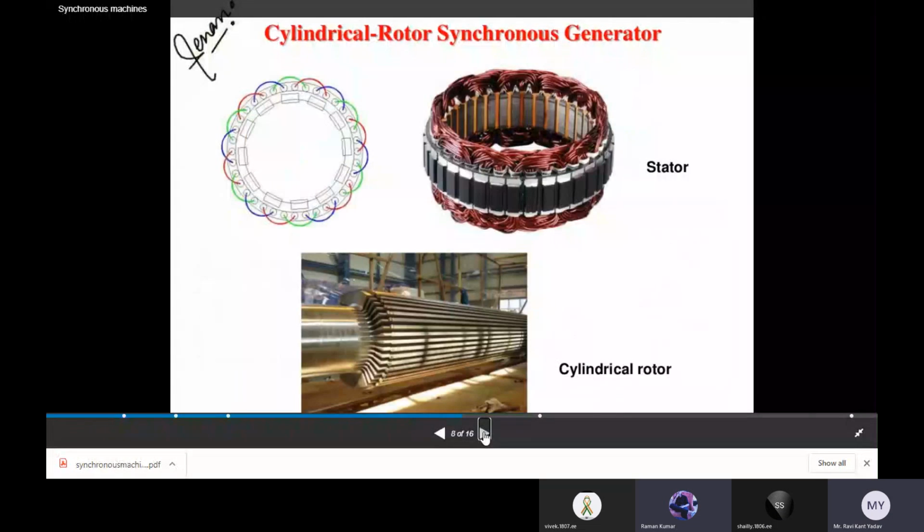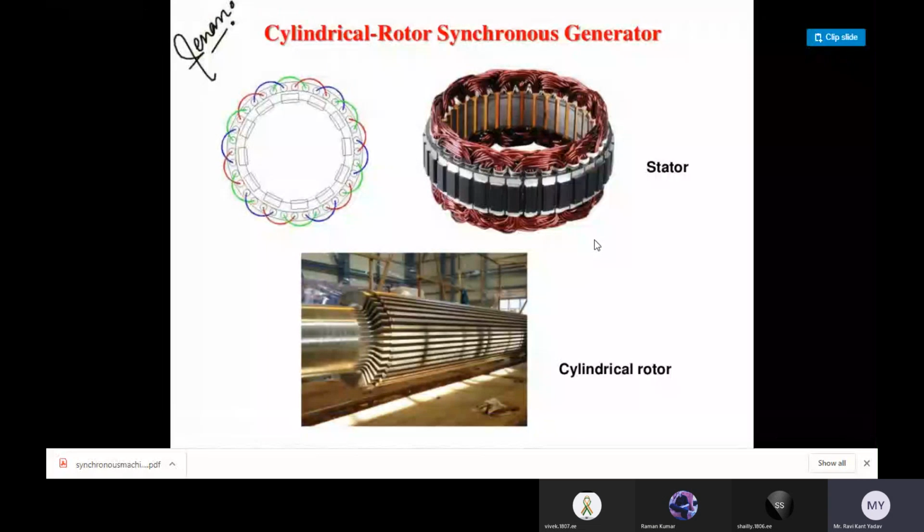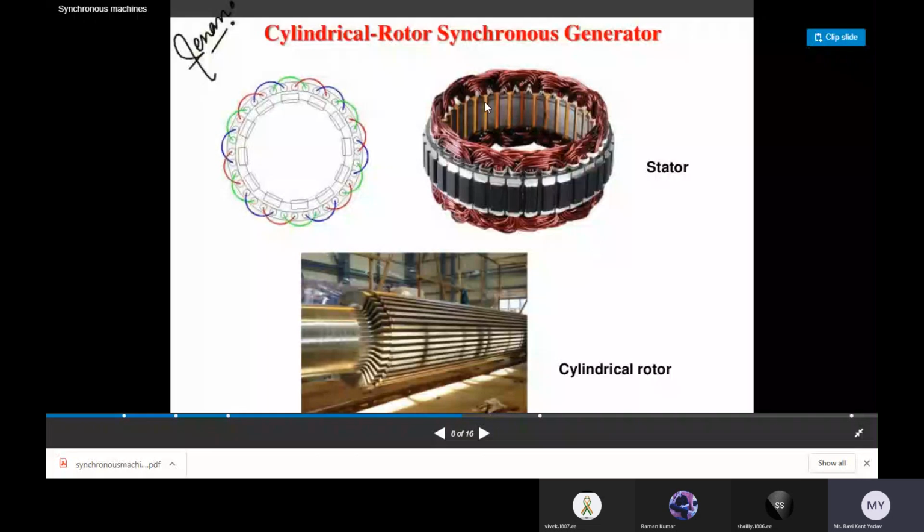And after that we are talking about the cylindrical rotor synchronous generator. Here we are talking about the cylindrical rotor synchronous generator. These are the rotor slots, and windings are made in the rotor slots.